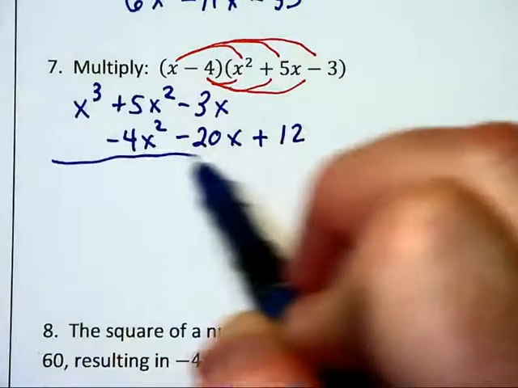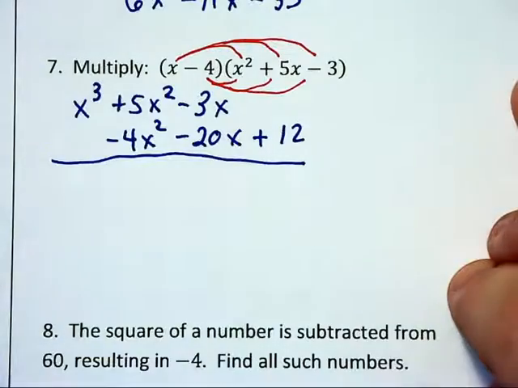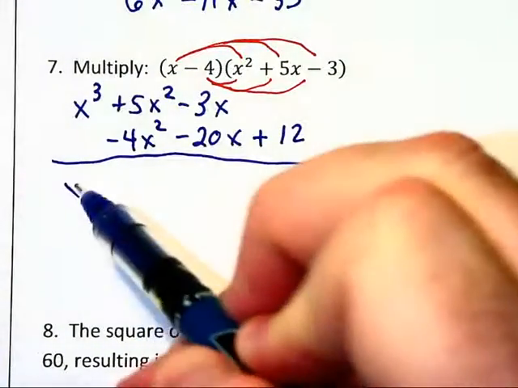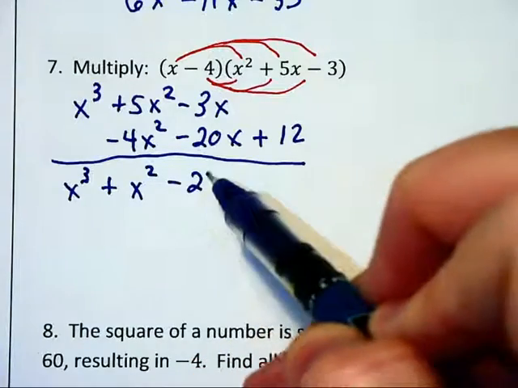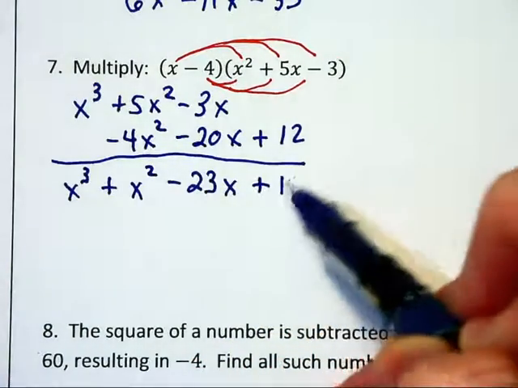And notice how I aligned my like terms to make it easy to add down. And this will give us x to the third plus x to the second minus 23x plus 12.